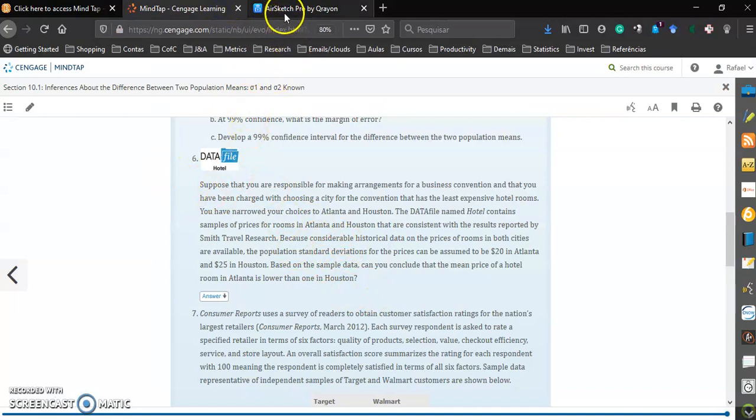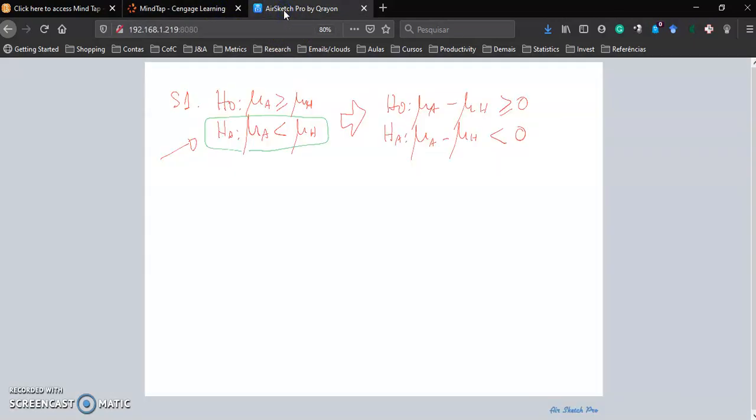Okay, so the other thing that I'm going to do, step number 2, is decide whether this is a one tail or two tail test, upper tail or lower tail. That's a one tail test because we have this hypothesis here that has an inequality.